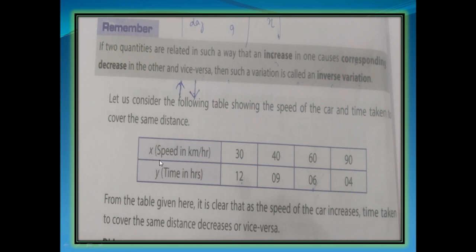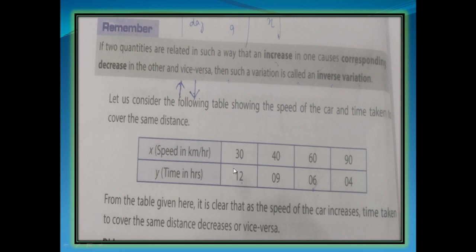So here I have given an example. This example is from your book. In this row, speed in kilometers is given, and in this row, time in hours is given. Suppose we are going at the speed of 30 km per hour and we take 12 hours to cover the distance.